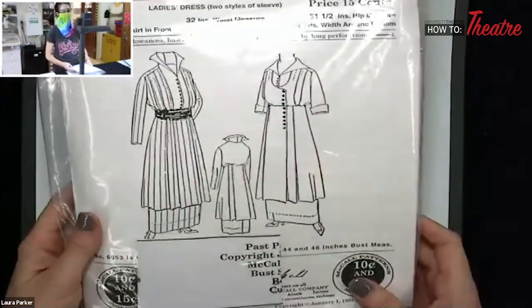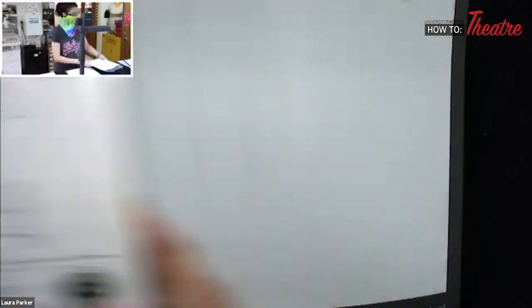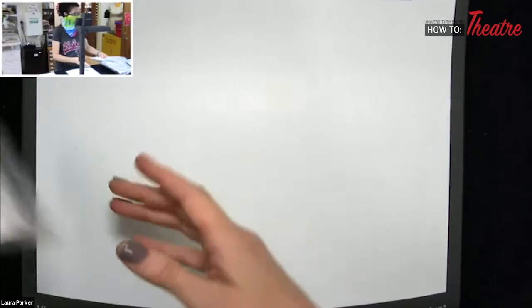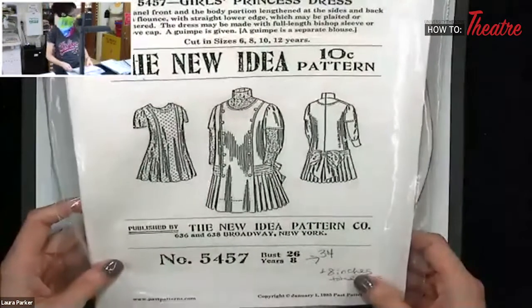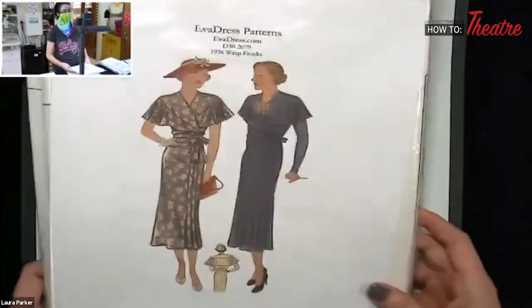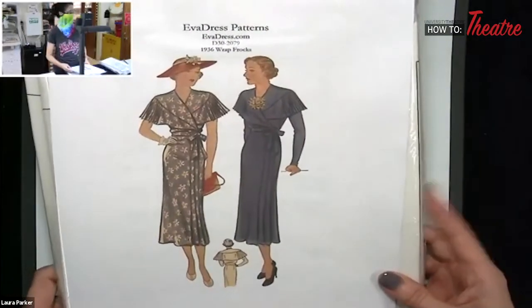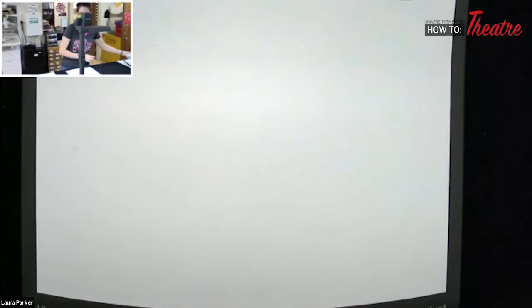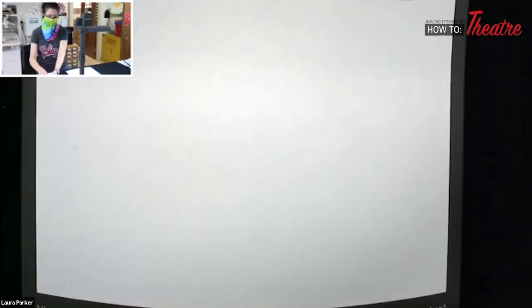So having these companies reprint these are such a useful tool. These are all patterns that we have used over the years here at University Theater. So that is an option as well. Again, typically they're going to come with the period instructions. You're not going to get a lot of information, but you'll get the shapes to work from.